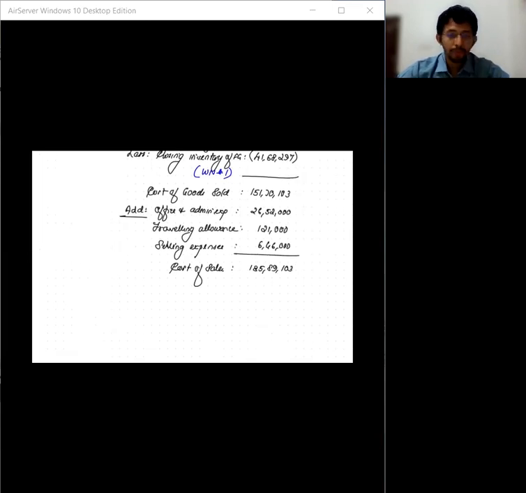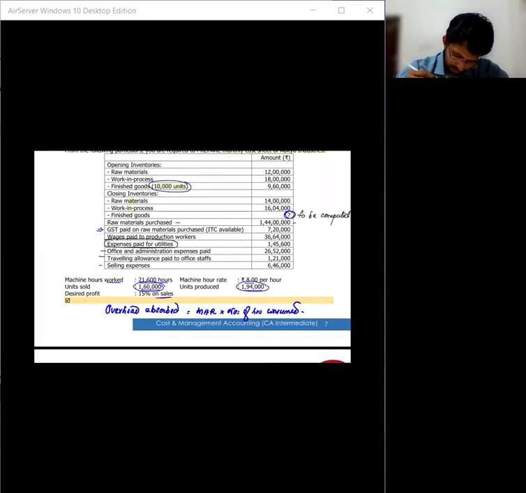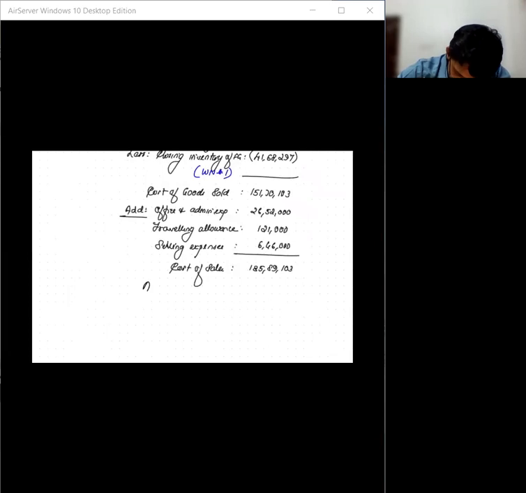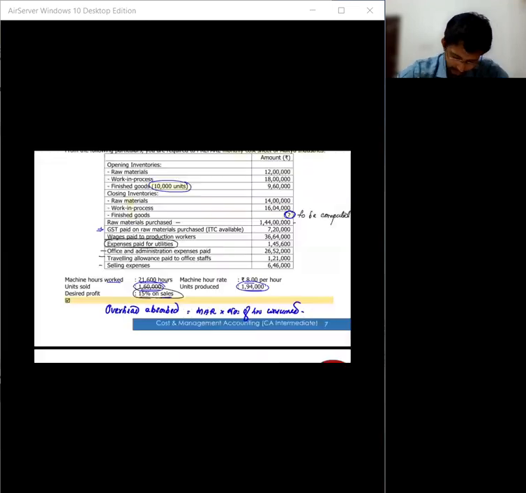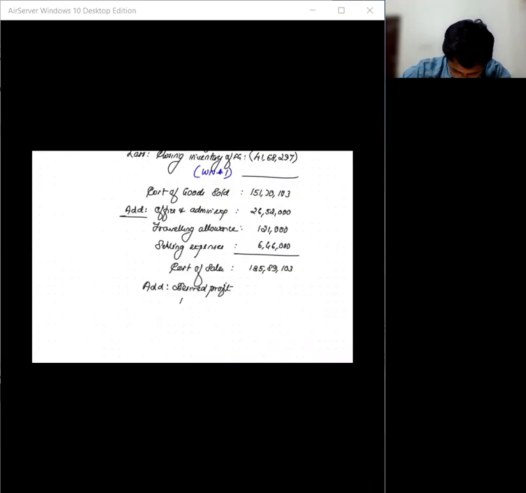Now what you have to do? Anyway, you know what the desired profit is. Add the desired profit. They say that desired profit is 15% on sales, 15% of sales revenue. So that you have to compute. How do you compute?